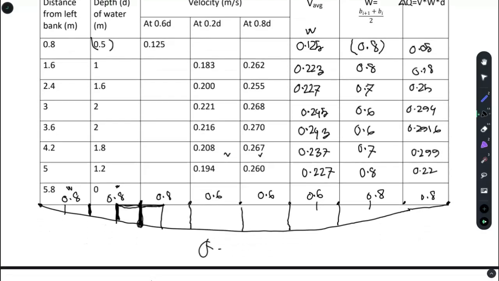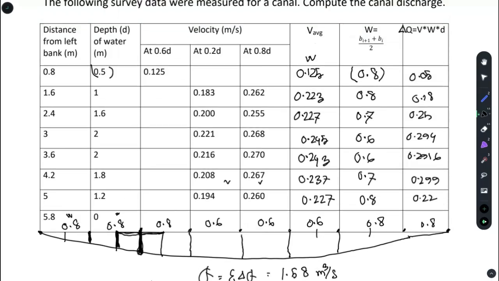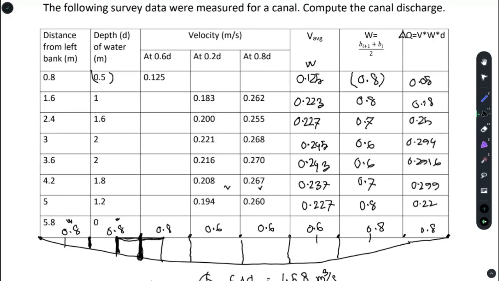So Q would be the summation of delta Q, and the summation of delta Q will produce a discharge of 1.5 meter cube per second. And there is no correction factor, and you don't need that as well. So this is how you find out the discharge for a section of a stream using the area velocity method.